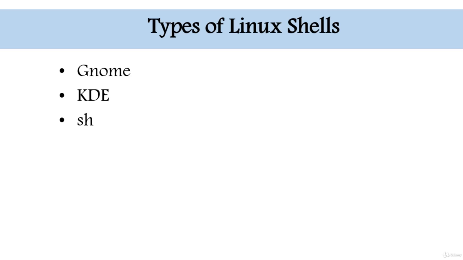We'll cover that later. So sh is the Bourne shell, one of the original Linux shells. It was developed for Unix computers by Stephen Bourne. His name was Bourne, that's why they picked the name Bourne shell. He worked for AT&T Bell Labs in 1977.